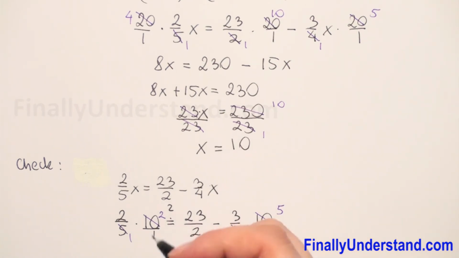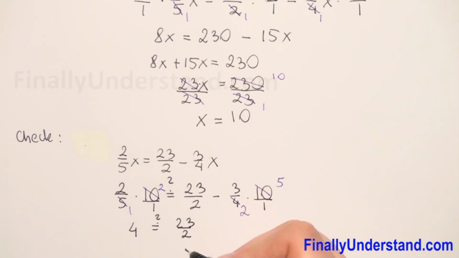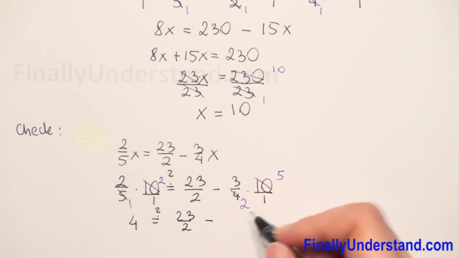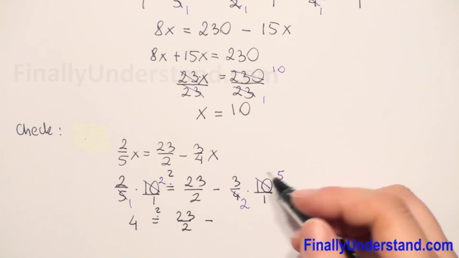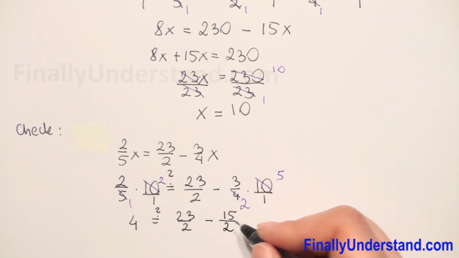So now on the left side we have 2 times 2 is 4 over 1 is 4. To check if this is equal, we have 23 over 2 minus, and now we have 3 times 5 is 15 over 2 times 1 is 2.